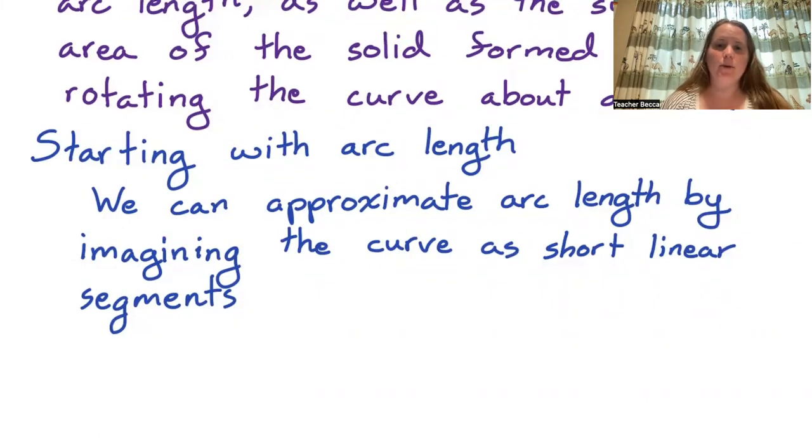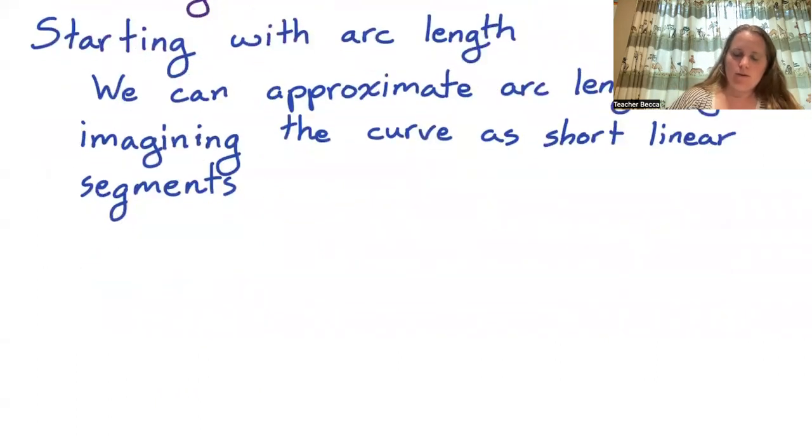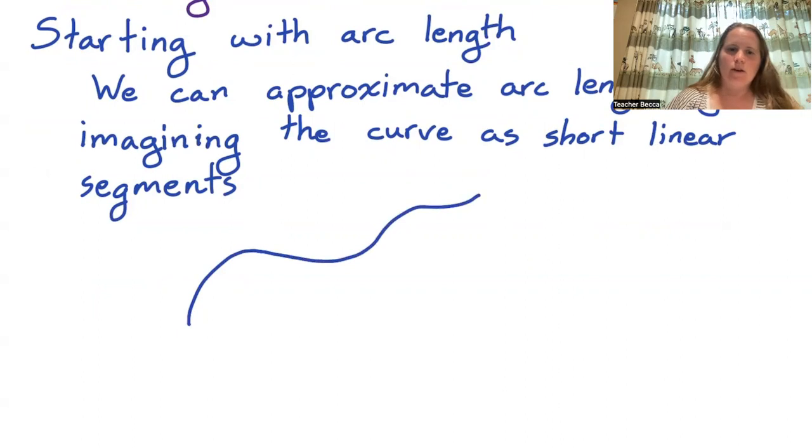So if we draw a picture, we can draw a curve and we essentially are going to break that curve up into a bunch of, let's say, n segments of equal size.